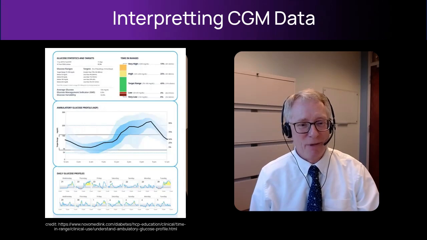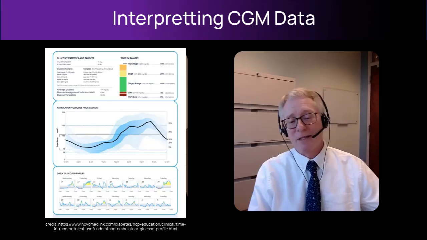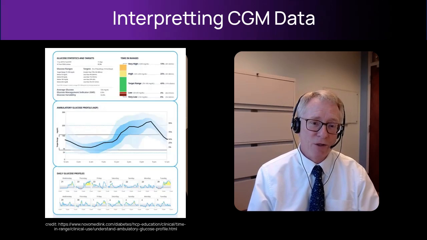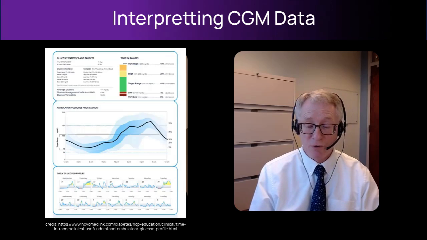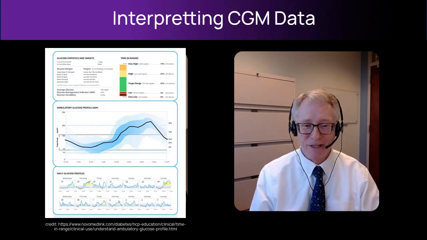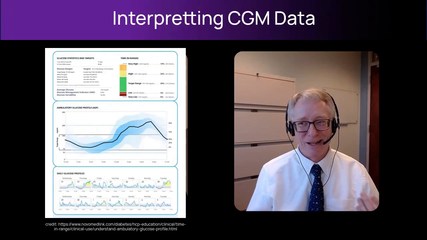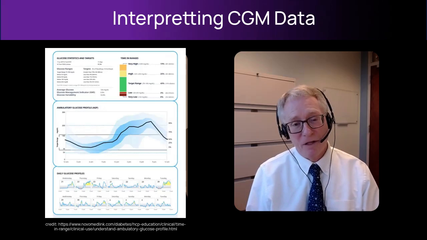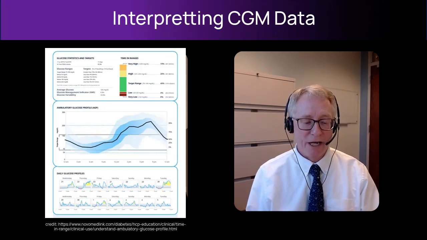Maybe we've got too much basal insulin on board. We want to see if we're having a daytime rise from undertreating mealtime glucose. So we want to determine where we need to take action, especially if we're dealing with insulin. If we're dealing with non-insulin therapies, a lot of times you're painting with a broader brush and you're not quite as focused in where you're taking your intervention, but for insulin, we certainly are.